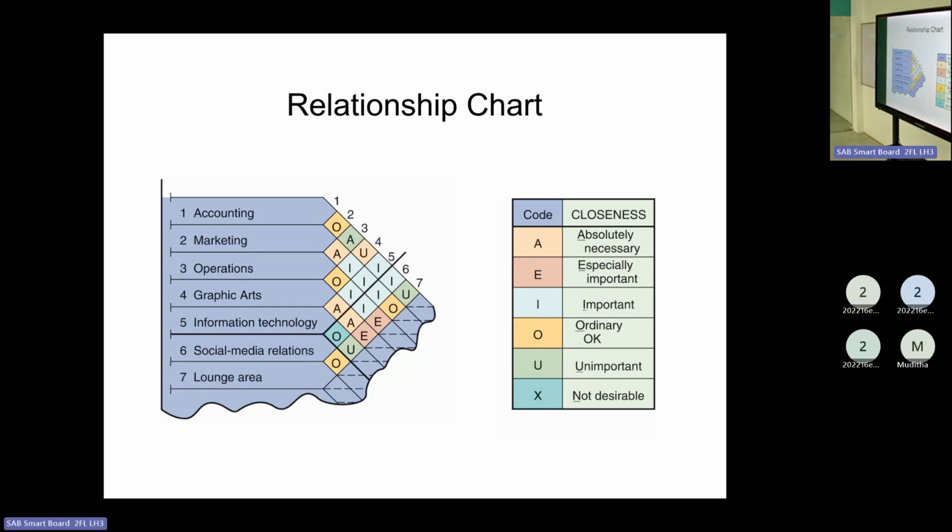So in a relationship chart, there can be cages here. There can be cages that denote the relationship between 2 departments at a time. For example, this O shows the relationship between accounting and marketing. This A, accounting and operations. And this A, marketing and operations. Likewise, to denote the relationship between any 2 departments, there's a cage.